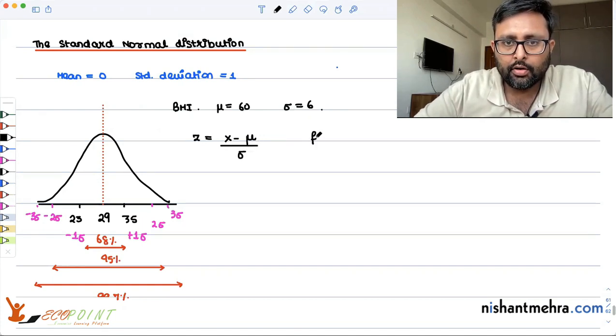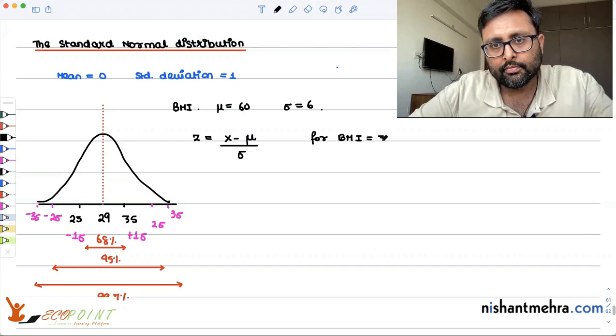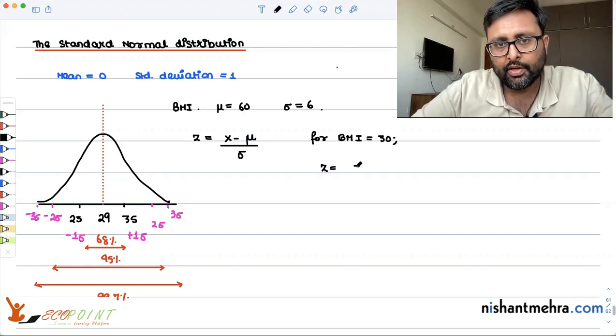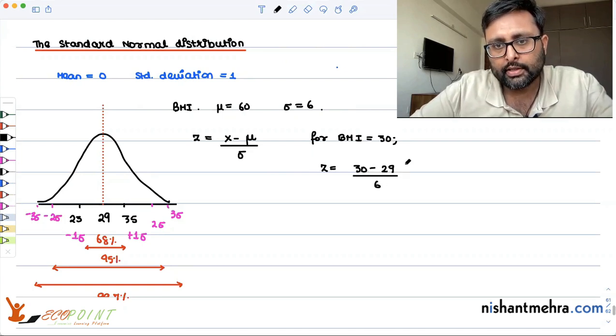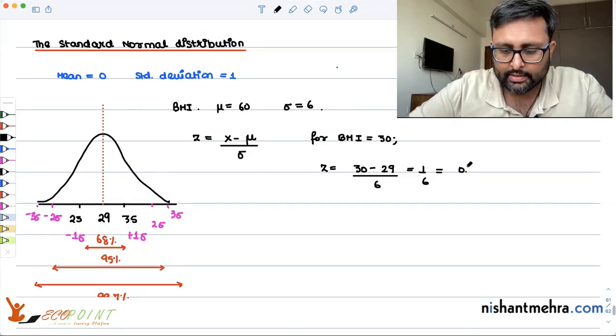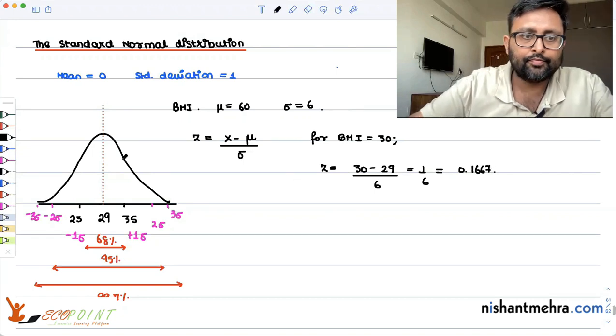Now for BMI equals to 30, your Z score is going to be 30 minus 29 upon 6. That is 1 upon 6. That is 0.1667.